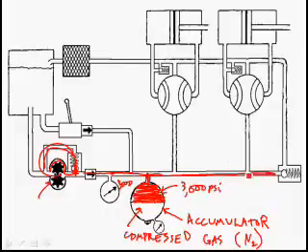Any pressure anywhere is going to be the same pressure everywhere. So when the engine-driven pump is running and everything is working normally, then the pressure on the back side is going to have to be 3,000 psi of compressed gas on the other side of this diaphragm. Now let's just say that the engine-driven pump quits.